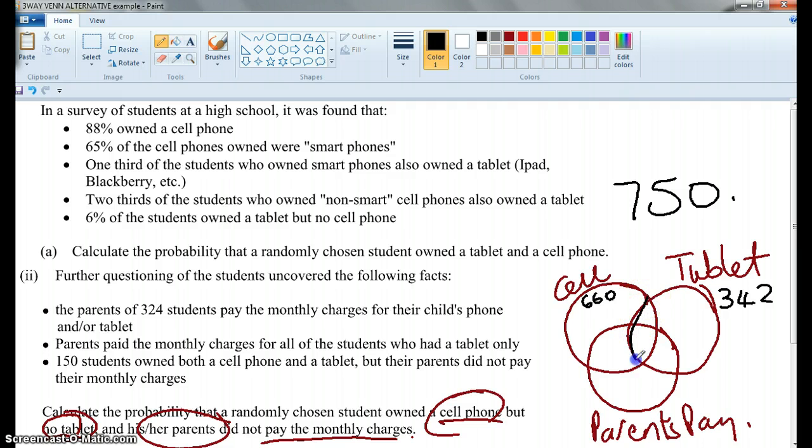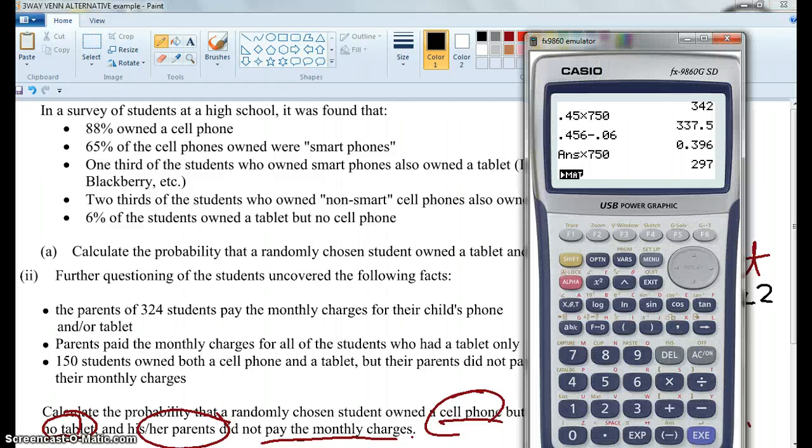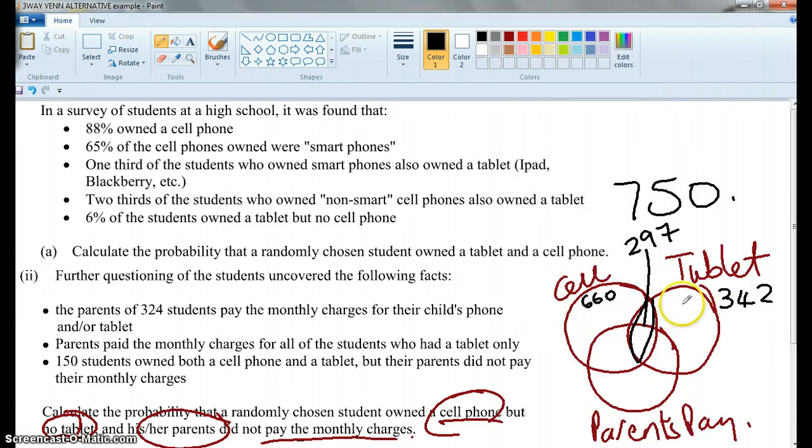So that must be in this bit here. It's got to be 297. Okay. So if there's 297 that have a tablet and a cell, then the 342 less the 297 must be 45 that just have a tablet.